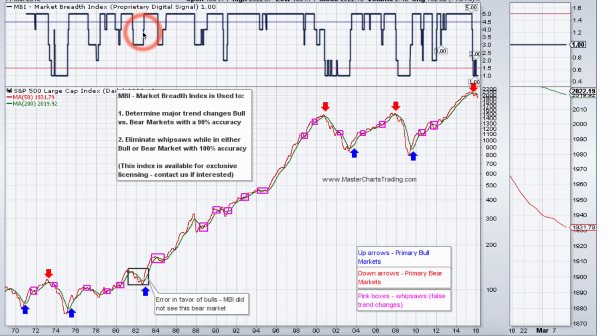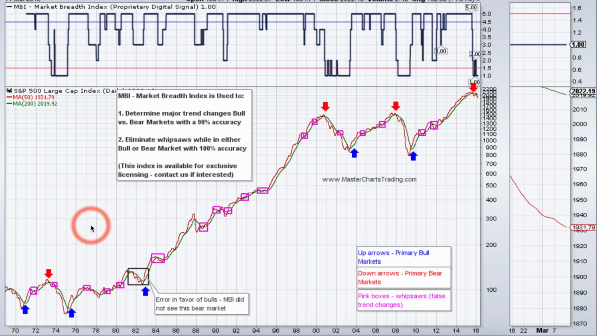This is my proprietary indicator, which I use to judge whether or not the S&P 500 is currently in a bear market or in a bull market. This index has a very high degree of probability. It has predicted major bull and bear markets with 90% accuracy.